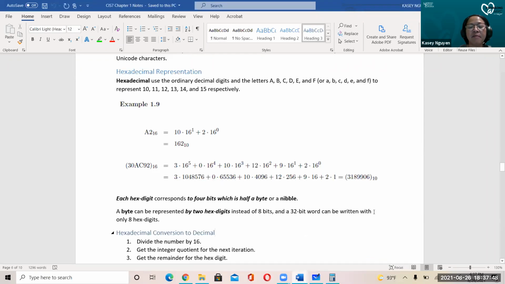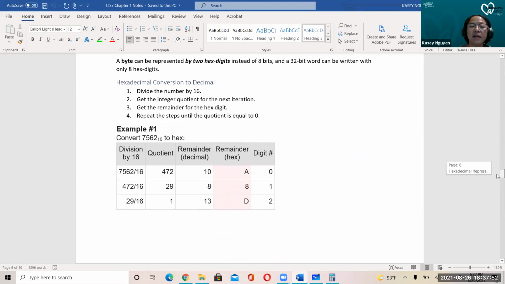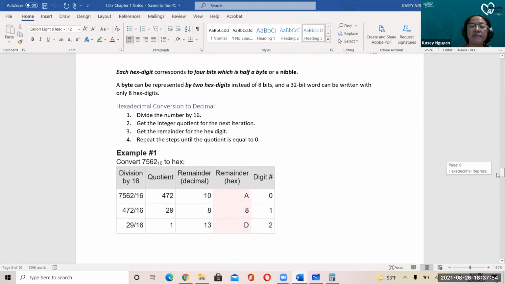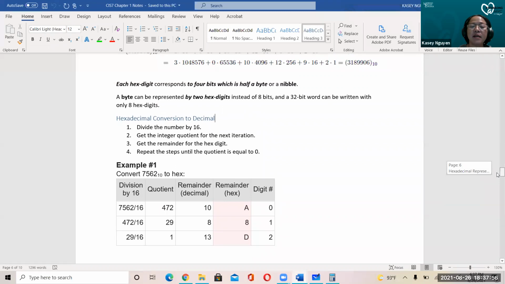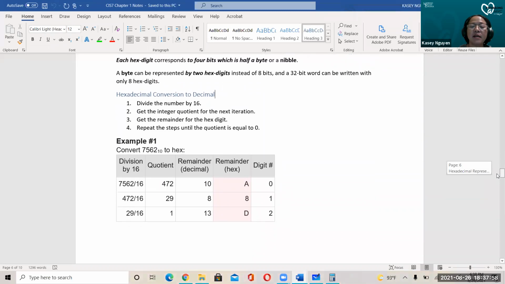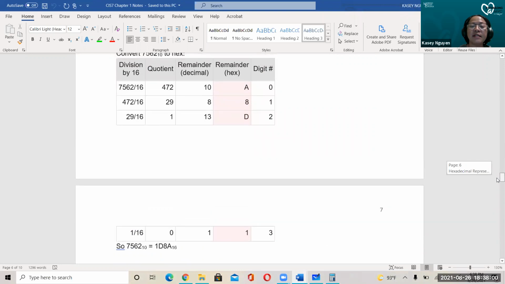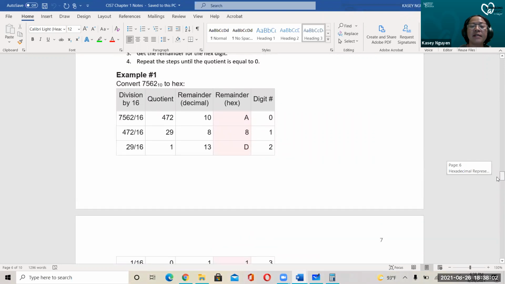Next, we're going to talk about converting decimal to hexadecimal. In the notes on the bottom of page 6, you will find an example.